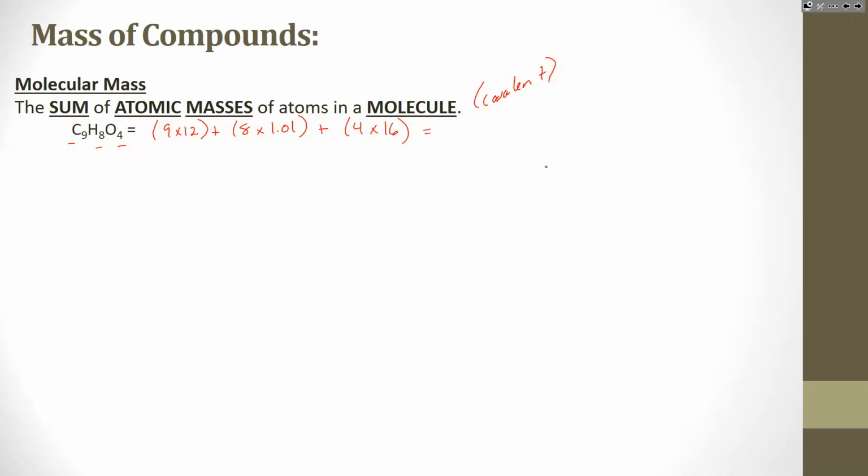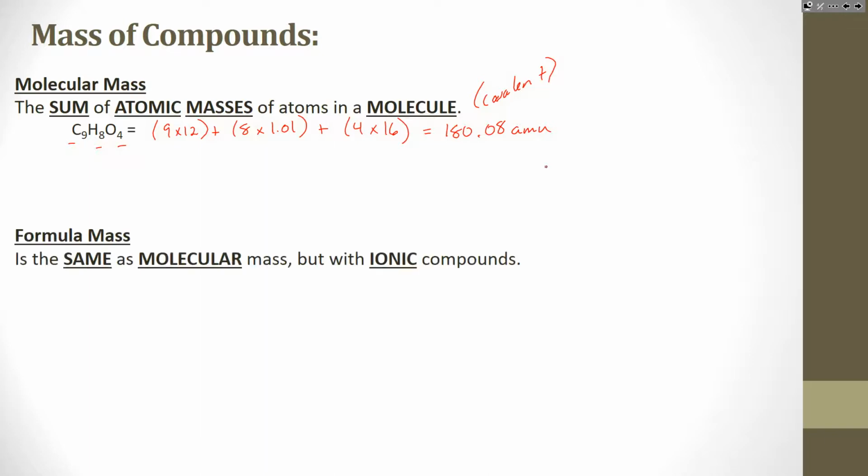If we want the mass of an aspirin molecule, we take all those numbers and add them up. So 9 times 12, plus 8.08, plus 4 times 16, which is 64. So I get 180.08. And since we're talking about one molecule and atomic mass units, it's AMU, or the Greek letter mu, which is fine.